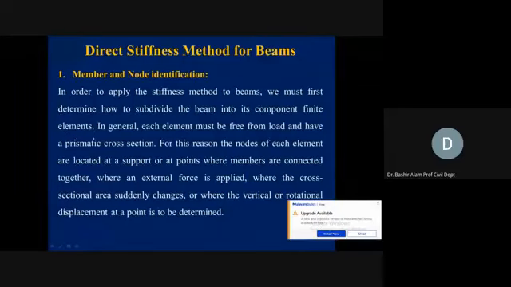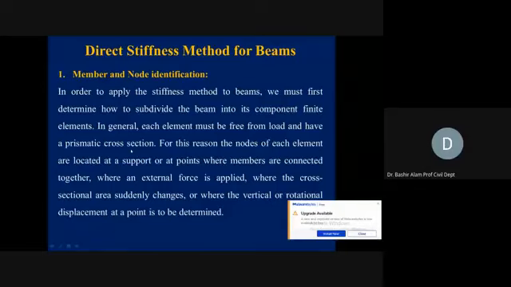Now, how is this done? In general, each element must be free from load and have a prismatic cross-section. This will be the property of an element. It will have uniform cross-sectional area throughout the length. It is known as prismatic.